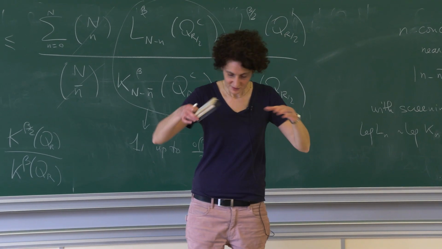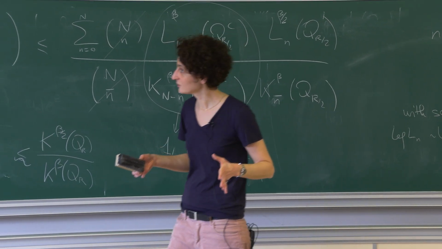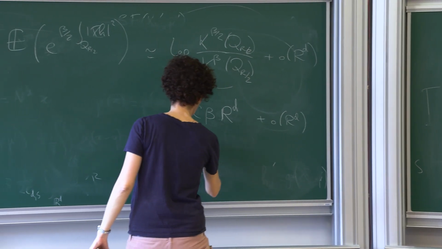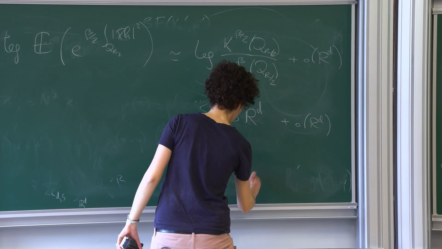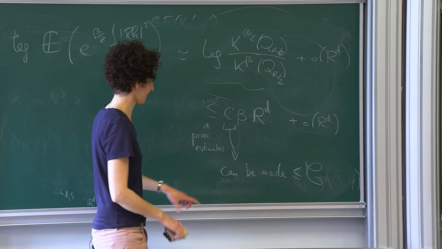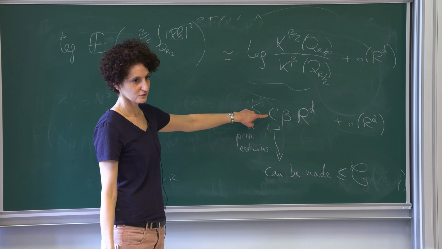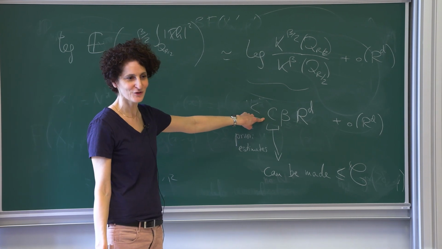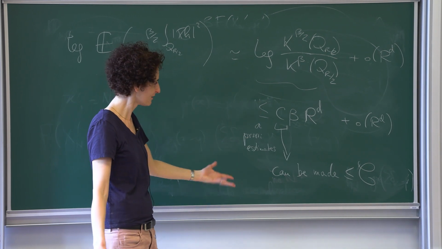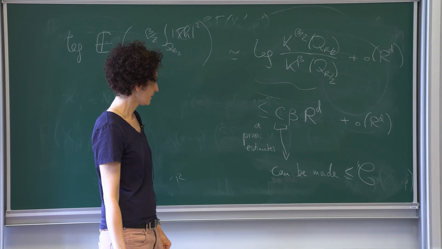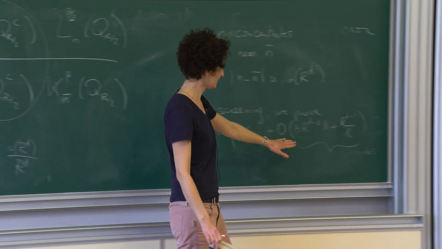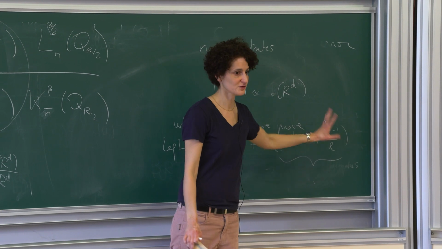So from this information at the higher scale, you screen, and you get to a lower scale, and you can check that this C can be made less than the original C. So you have not worsened your constant here. Otherwise, the thing would be a bit useless. Otherwise, you would bootstrap, and at the end, you would have nothing. And you check that you saturate at this minimal scale, where otherwise you get too big of an error.